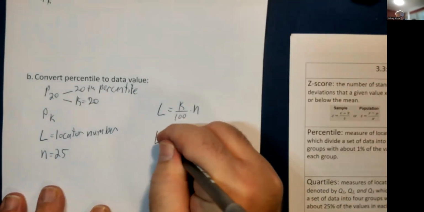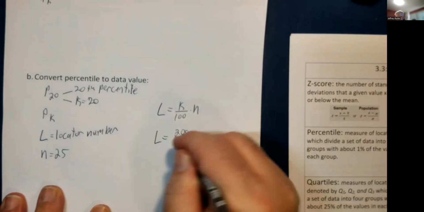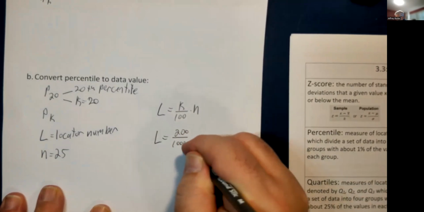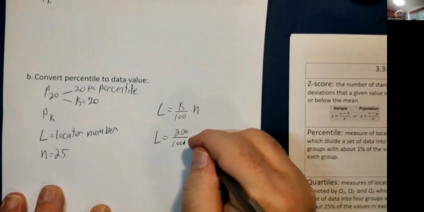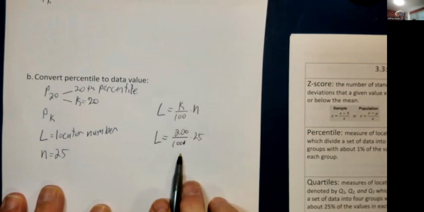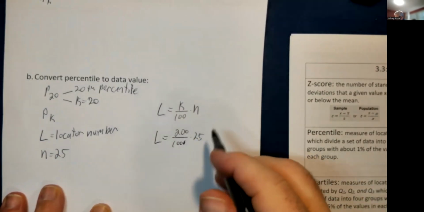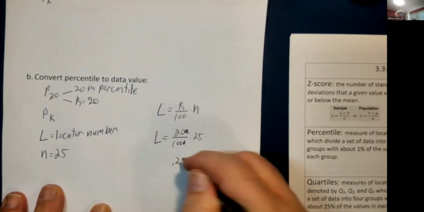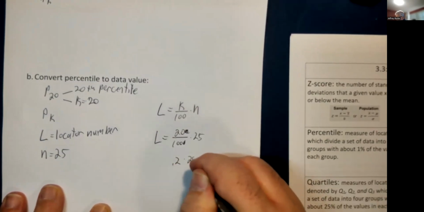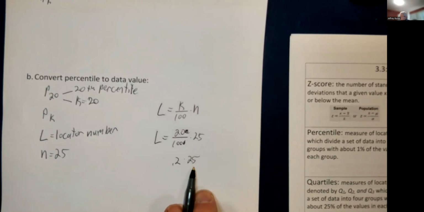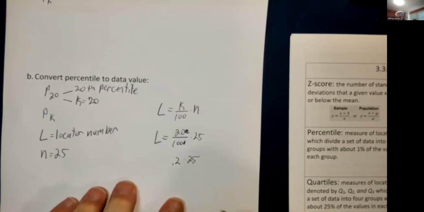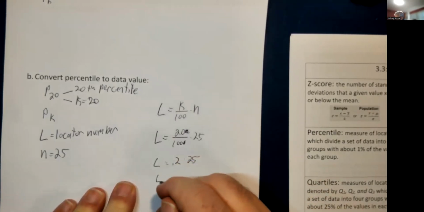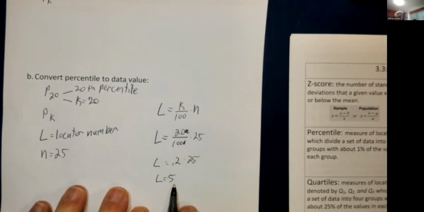So to figure out my L, that's going to be equal to 20 divided by 100, not 1,000, just 100, times 25. 20 divided by 100 is going to equal 0.2. 0.2 times 25, just want to make sure, hang on. 25 times 2 is going to equal 5.